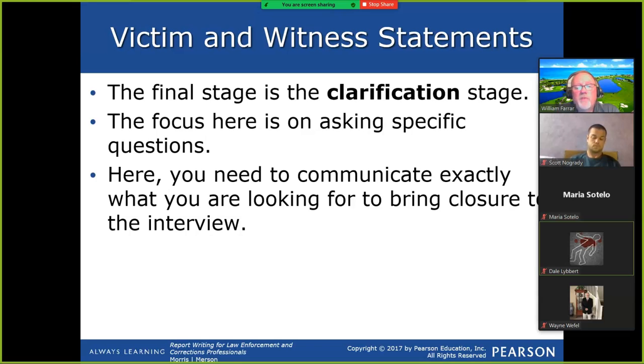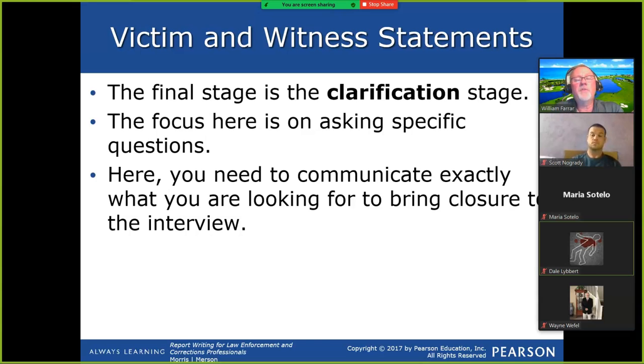I've told suspects, hey, I understand where you're coming from, but levity is difficult, especially with a victim or a witness. You don't want to crack jokes or things like that. Remember, they're having a really horrible day because they were victimized or something similar. So keep that in mind, but that is a good question.